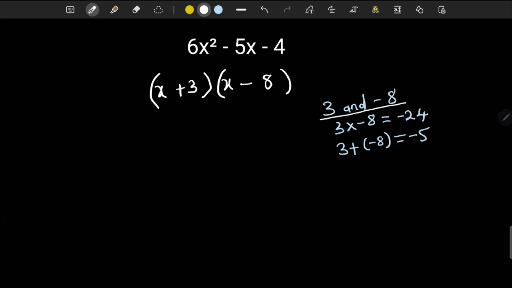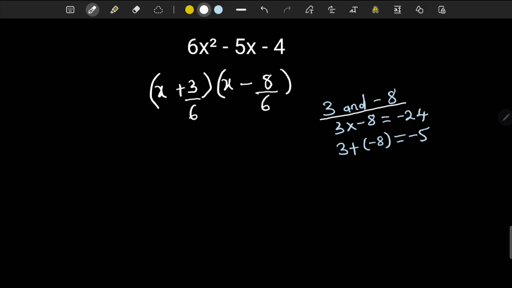Okay. So after doing that, what you have to do next is to divide the numbers in the brackets by the first coefficient, which is the 6, right?